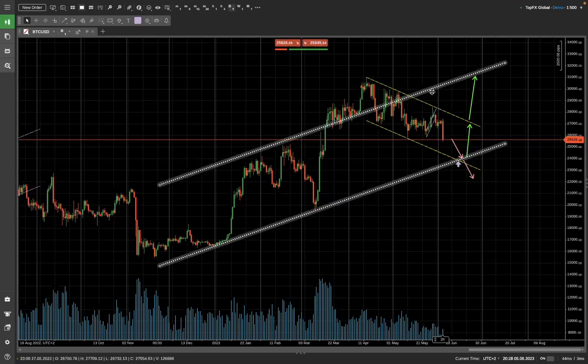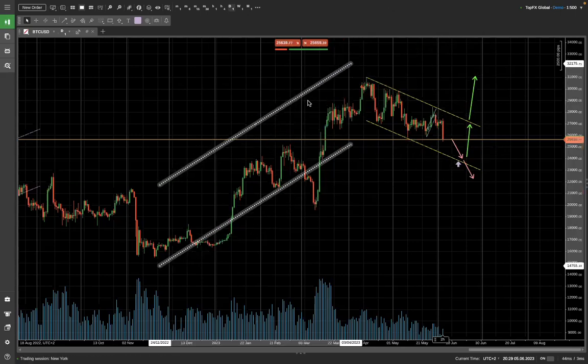So by using the equidistant channel, you can have the information about the trend, up or down or horizontal. You can have the information about the aggressiveness or strength of the trend by measuring the slope of this channel.